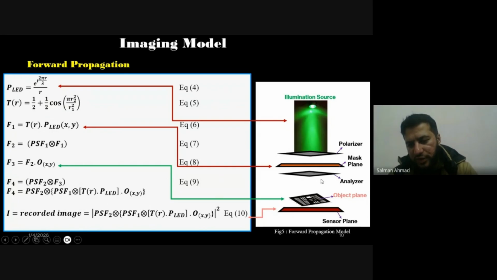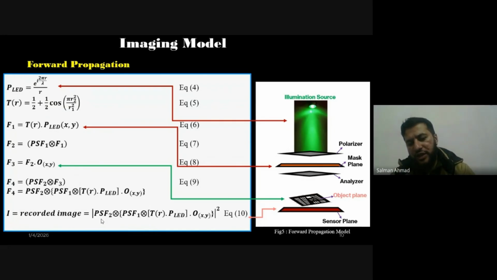So by moving that towards the objective plane, then taking its information toward the sensor plane, the sensor plane then records that image by taking its absolute square, its intensity.